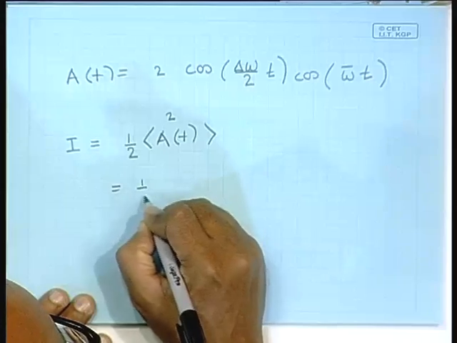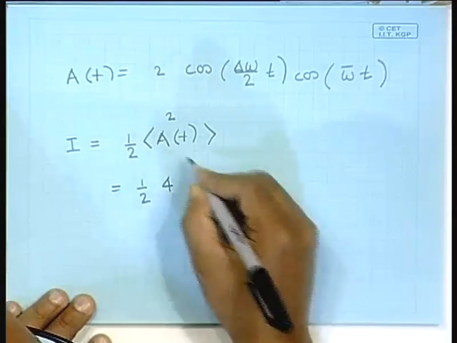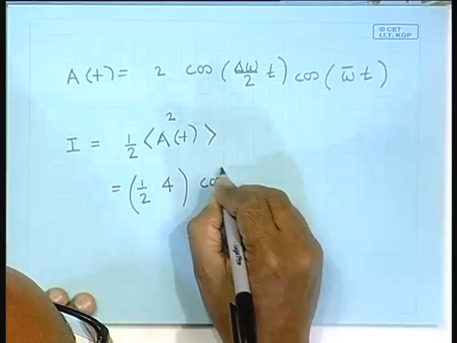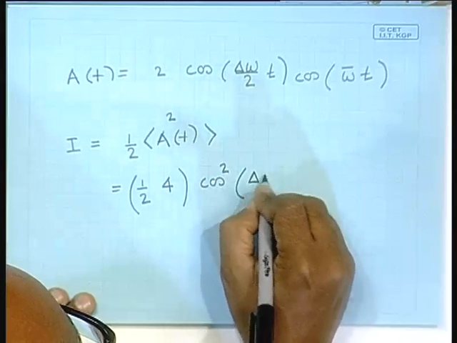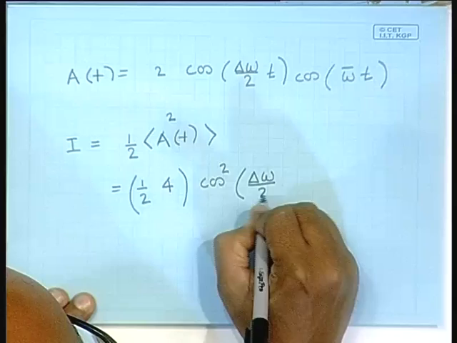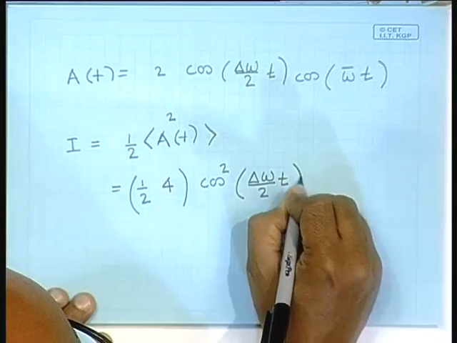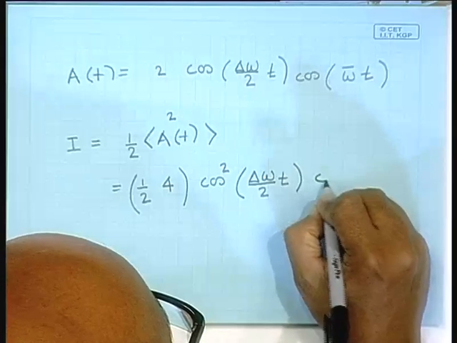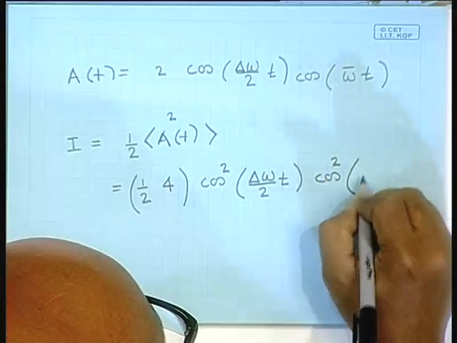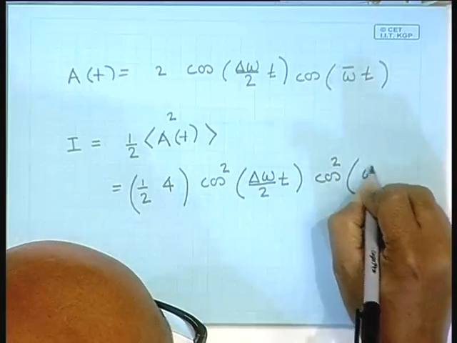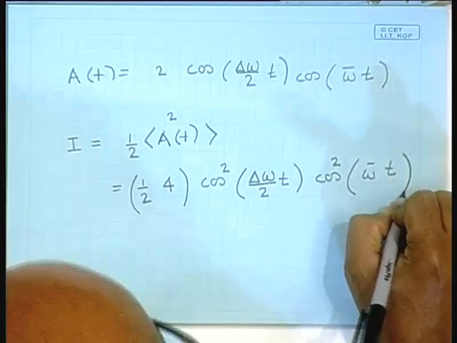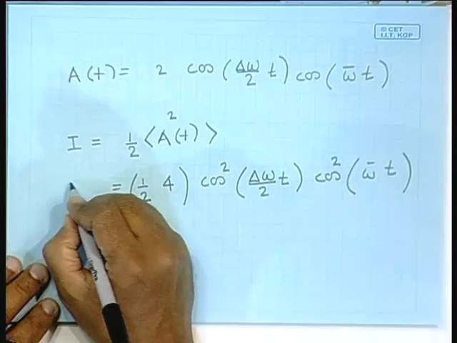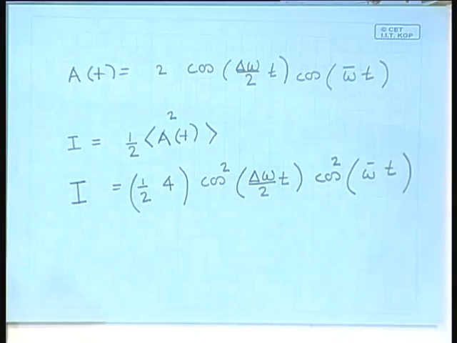This gives us half, a factor of 4 here, which is an overall normalization anyway, not of great interest, and then I have cos square. Now, the intensity that we are going to record with our ear is going to be the time average.